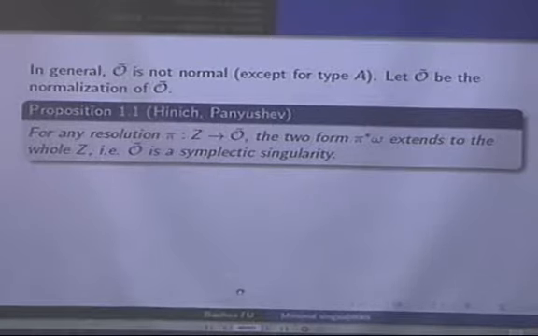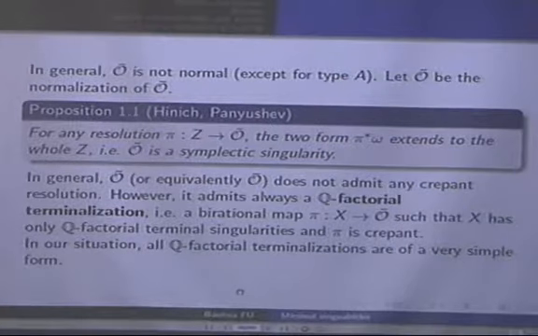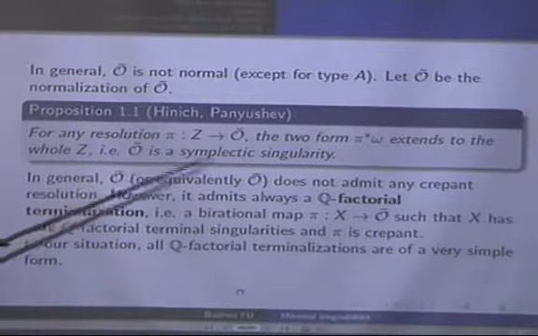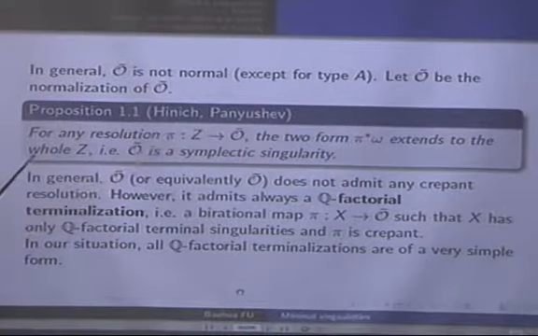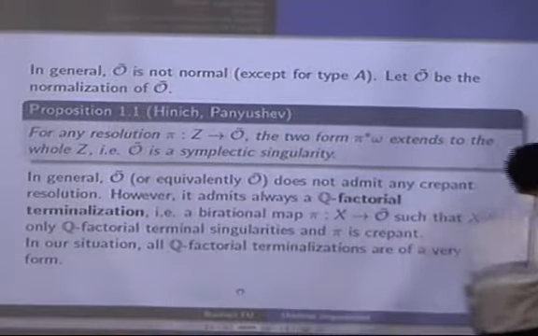And in general, the extended two form is not non-degenerate. But when it is non-degenerate, then we get a symplectic resolution, as in the previous talk. However, in general, the normalization does not admit any crepant resolution. In this case, a crepant resolution means a symplectic resolution, meaning the extended two form gives a symplectic two form on Z. However, it always admits a Q-factorial terminalization. A Q-factorial terminalization is somehow weaker than a crepant resolution.